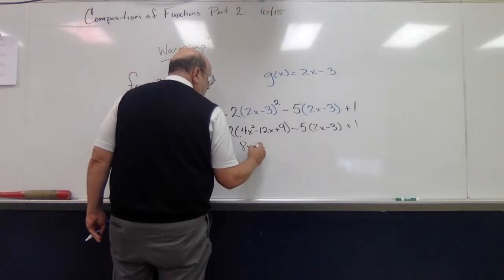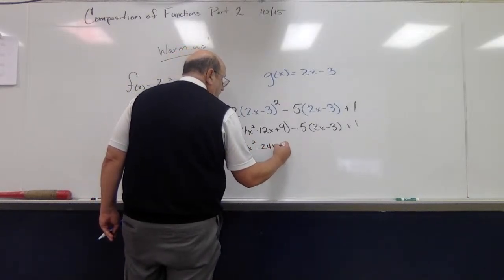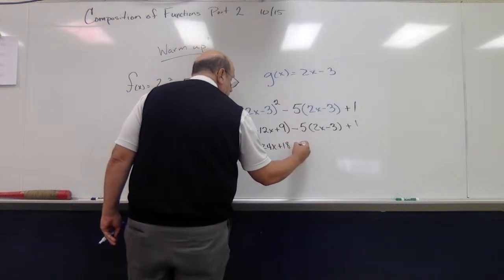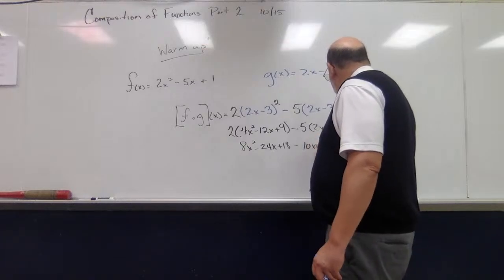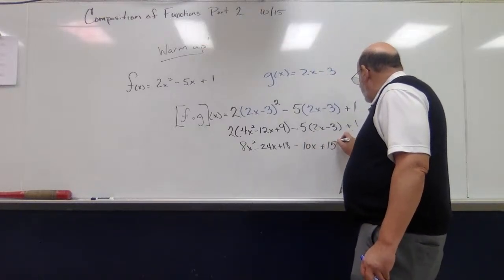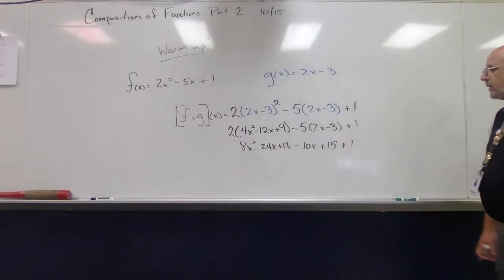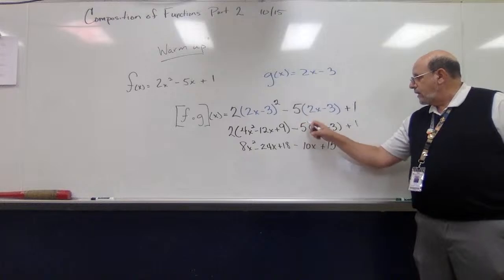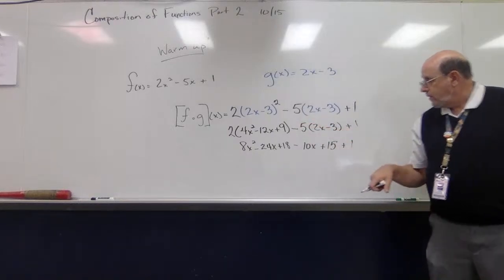So 8x squared minus 24x plus 18. And then we're going to distribute again. Minus 10x plus 15 plus 1. This is a negative, so it's negative 5 times 2x and negative 5 times negative 3.